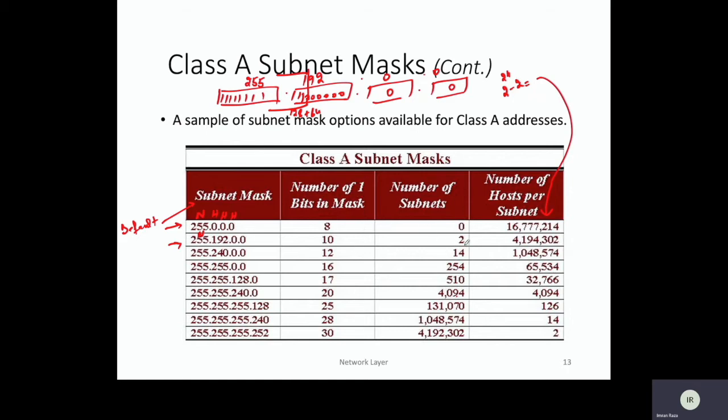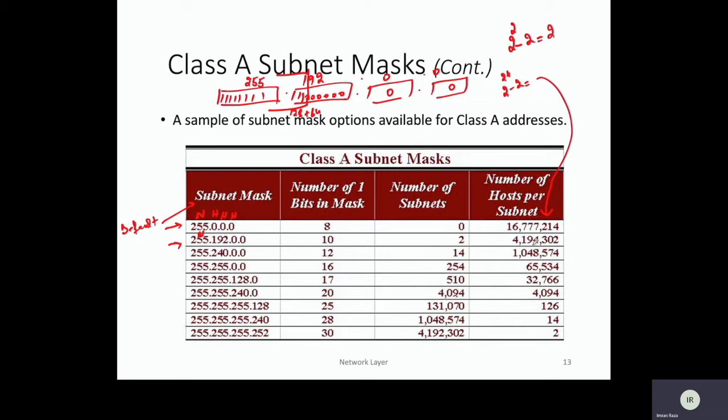So how many subnets can I create? The formula is very simple: 2 raised to power the number of bits borrowed. How many bits are borrowed here? 2, so 2 raised to power 2 minus 2. This value is 2. So I have created 2 subnets by borrowing 2 bits.